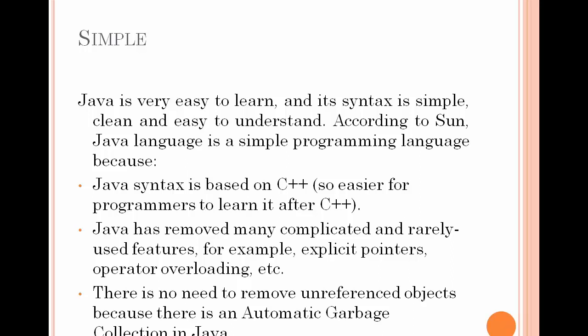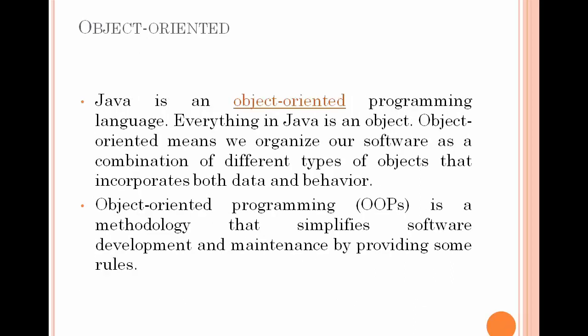So it has removed complicated and rarely used features, and there is no need to remove unreferenced objects because there is automatic garbage collection in Java. So this is one of the features of Java. And the next thing is object oriented.